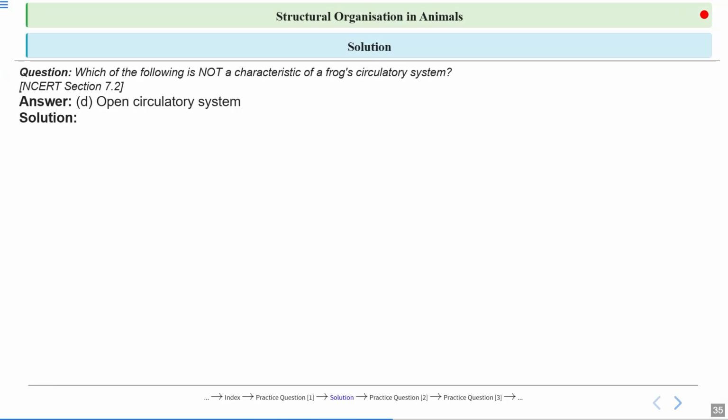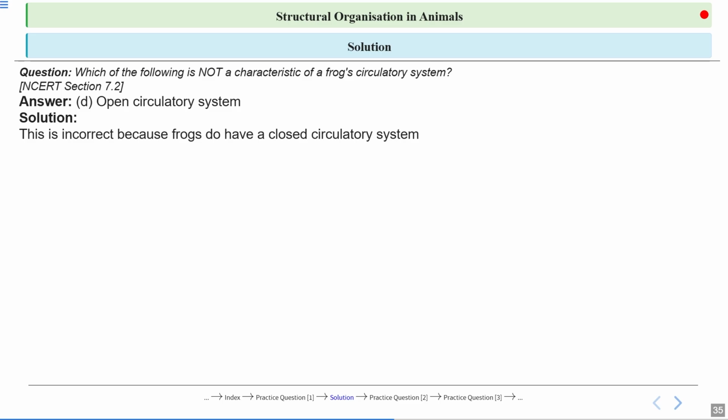The correct option is option D, open circulatory system. Frogs have a closed type of circulatory system, right? Let us see the explanation. This is incorrect because the frog does have a closed circulatory system. The heart pumps the blood, and blood comes out from the heart via blood vessels, arteries.